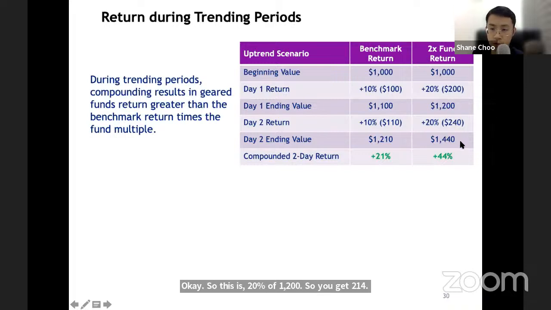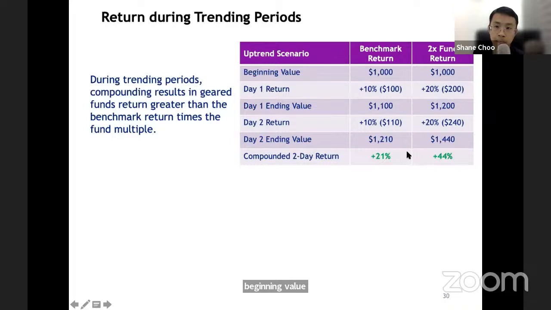So you get 1,440. So you take 1,440, you divide by the NAV at the beginning period, you get 44% return. You take the benchmark return, 1,210 divided by the beginning value, NAV at the beginning period, you get 21% return.